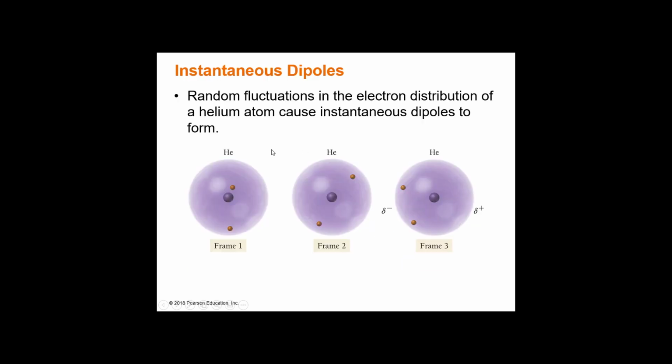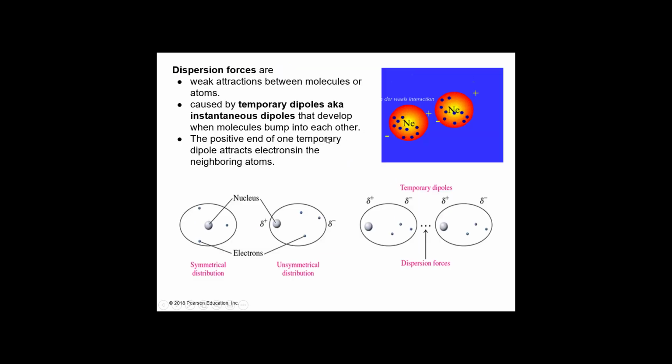Again, you can see that these are constantly moving around. This is an even, symmetrical distribution of electrons, and then you see that it's not. We don't see the partial positive or partial negative on frame 1 or frame 2, but you do see it on frame 3, and this is what they call an instantaneous dipole or temporary dipole.